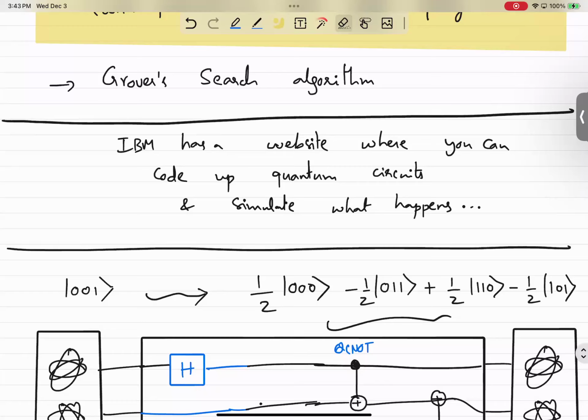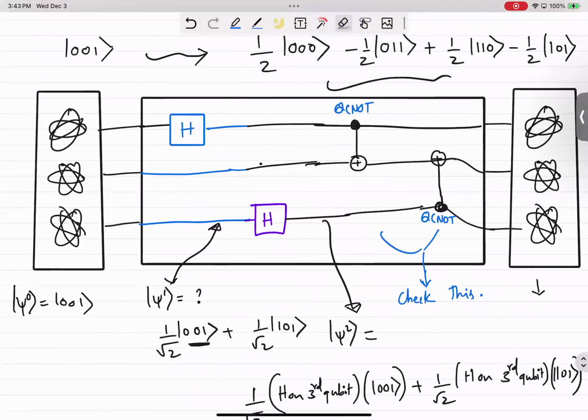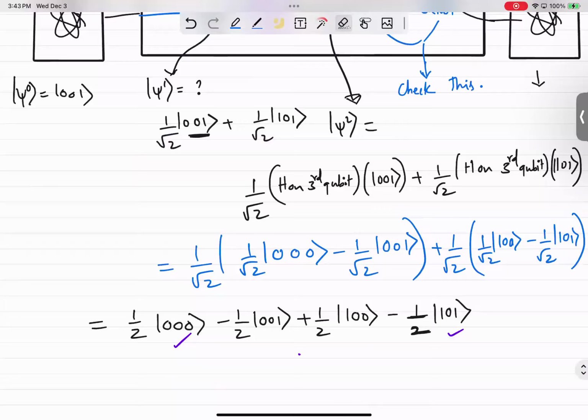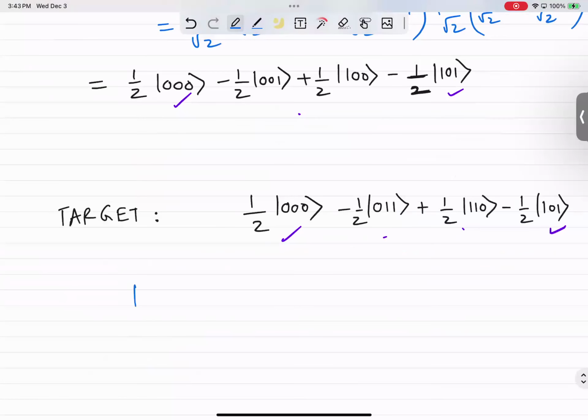Yeah? For the first part, I think we split it with addition, but then the second one, with subtraction. Good question. That was because the second Hadamard, when we are applying it, we are applying it on the third bit, right? Hadamard on 0 is 1 over square root 2 times 0 plus 1 over square root 2 times 1.